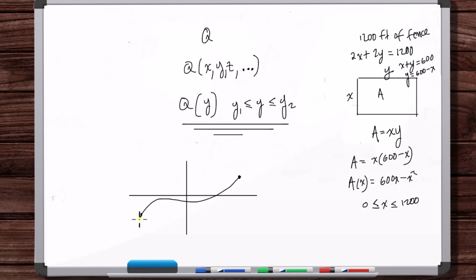Those endpoints aren't positive or negative infinity, they're two numbers. The function is defined at the endpoints, and it's continuous in the interval. The idea is you evaluate the function at the endpoints, list out those numbers. You find all critical points within the interval, evaluate the function at those critical points, and then compare all of those numbers. The largest of all of them is the absolute max. The smallest of all of them is the absolute min.